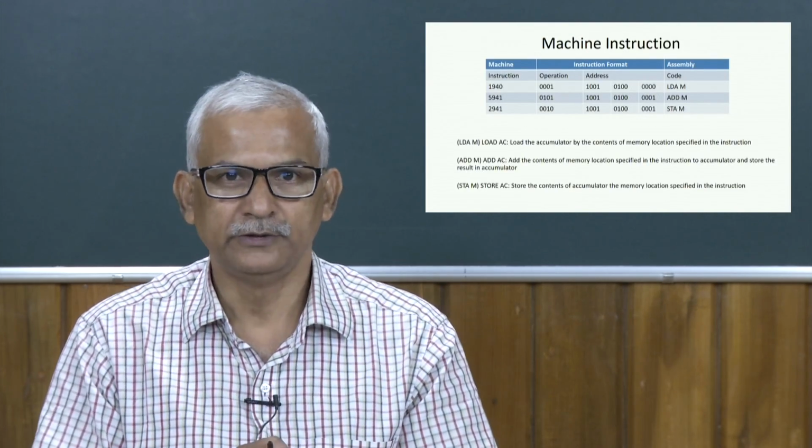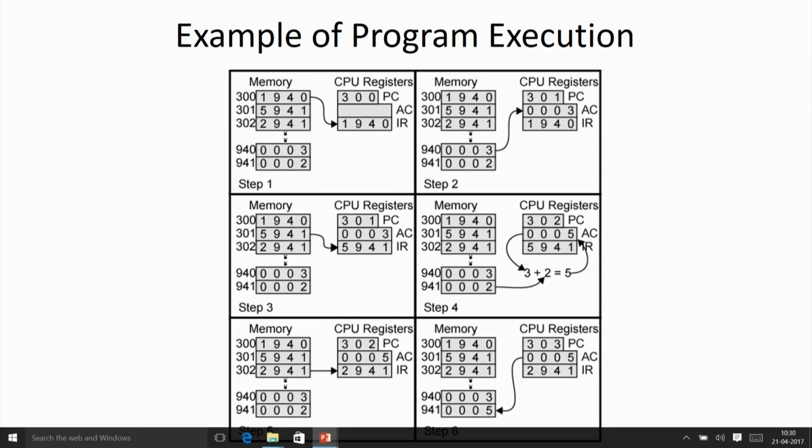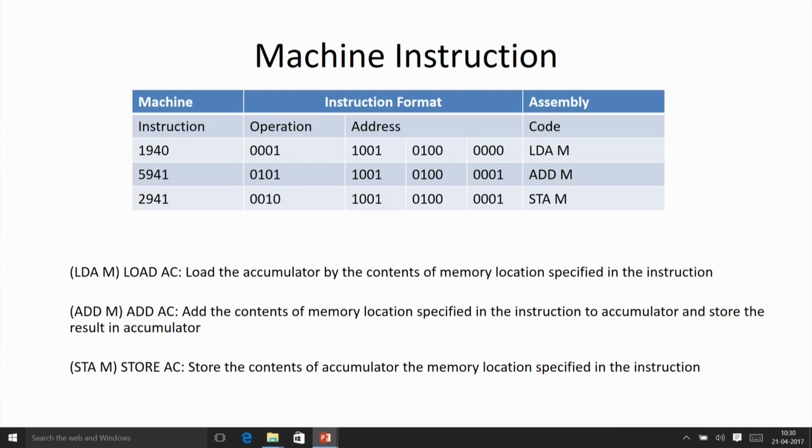Now, we are going to give this information some meaning. So, we are executing 3 instructions: 1940, 5941 and 2941. The instruction 1940 has two parts: one is the operation part and the second is the address part, or reference part. In 1940, the operation code is 1, and along with that we give some reference address.